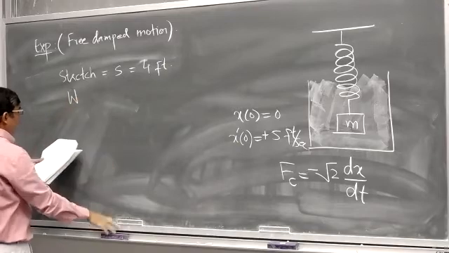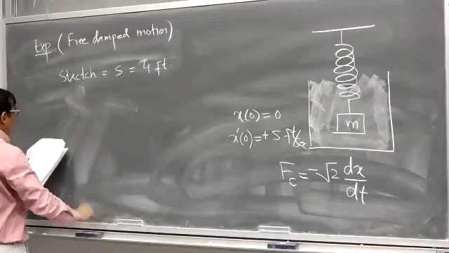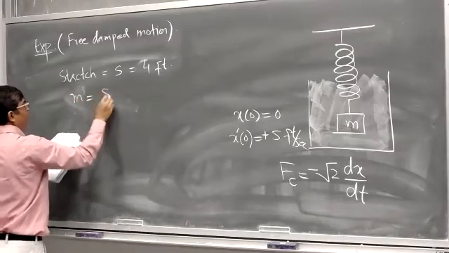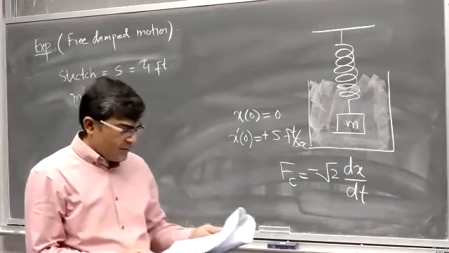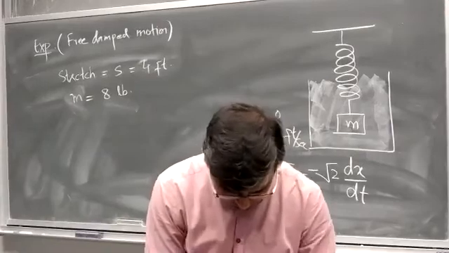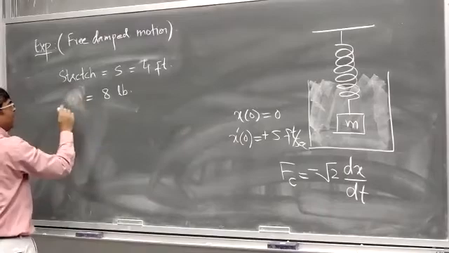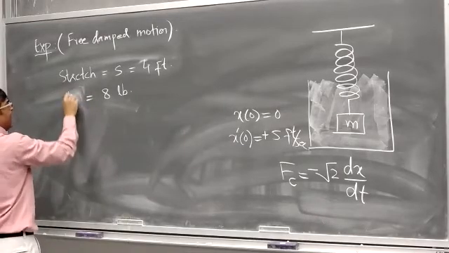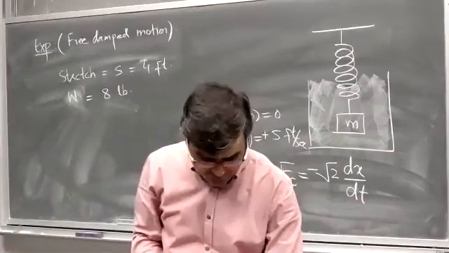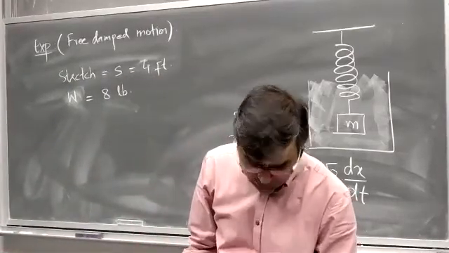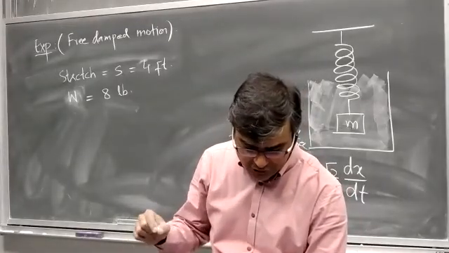With the mass, it is 8 pounds. Weighing, so it's weight, not mass. The weight W is 8 pounds, not mass, because it's given in pounds, so it must be weight, and the unit of mass is slugs.